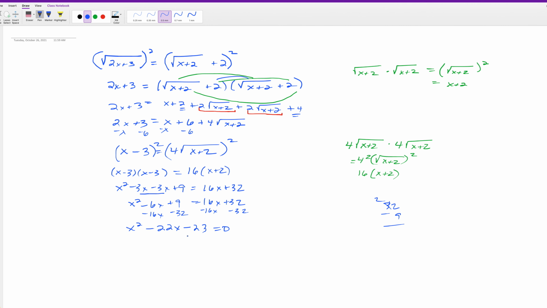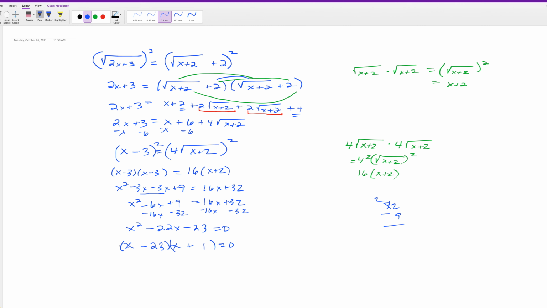Okay, so now let's see. This should factor, right? Factors of 23 being 23 and 1. So I think I'm in luck. So we have x and x. So two numbers that multiply to a negative 23 but add to a negative 22. I'm going to go with negative 23 and a positive 1.